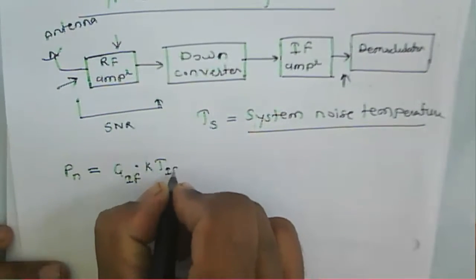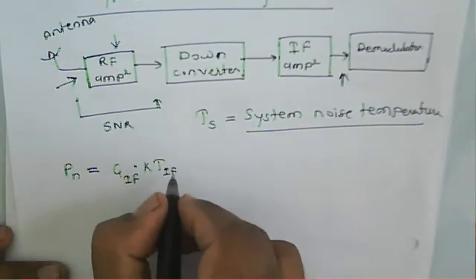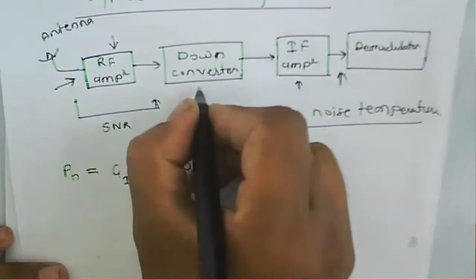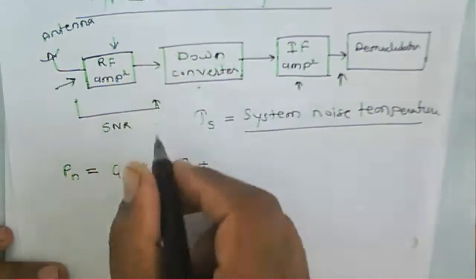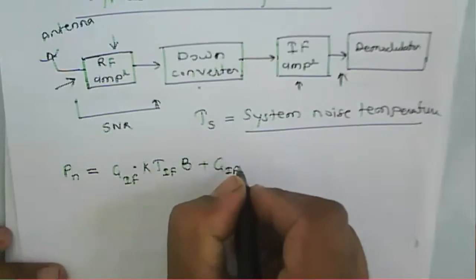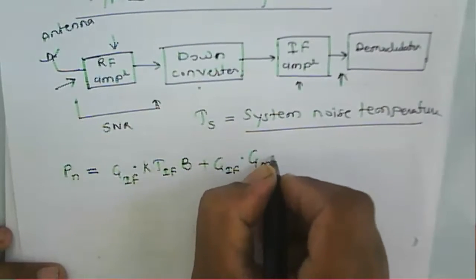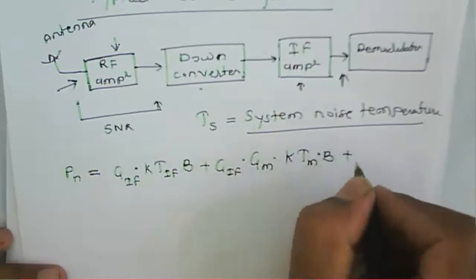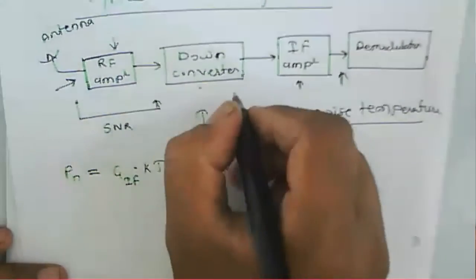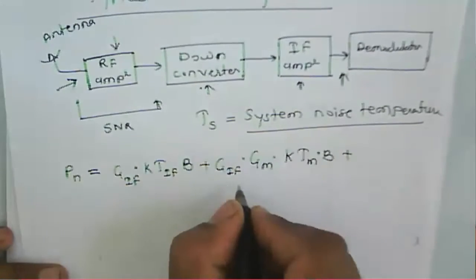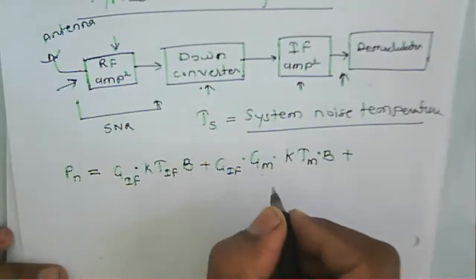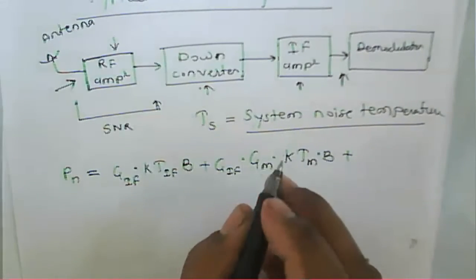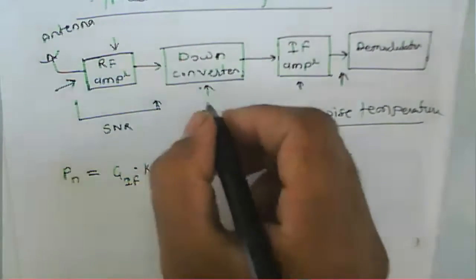T is the temperature of that IF component, B is the bandwidth, plus we have the first component, then the down converter here. So then GIF, then GM, then KTM, then B. Then we have the modulator here because of the down converter.